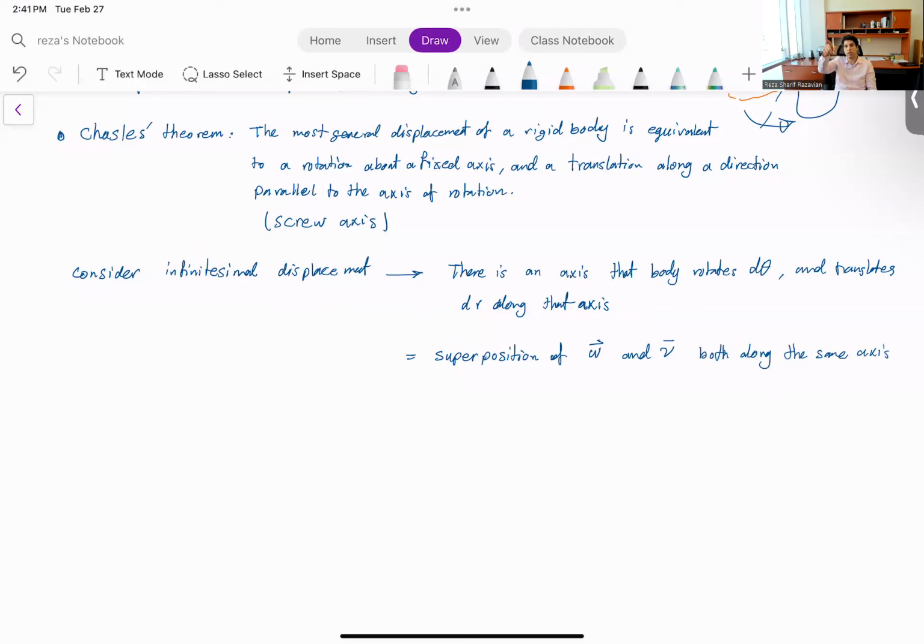So v moves in this direction and your omega is in the same direction. So these two vectors, omega and v, are parallel.